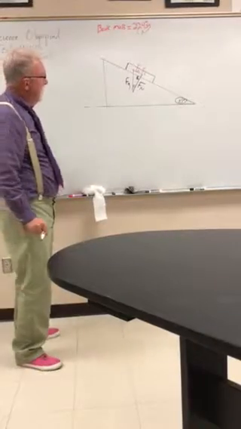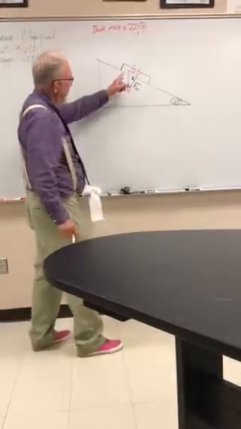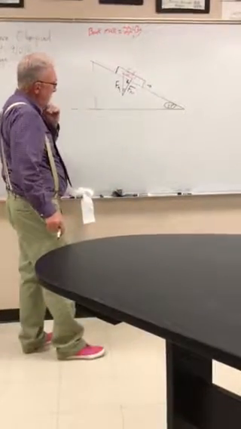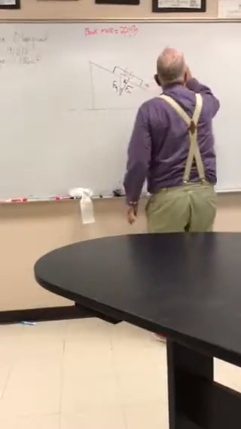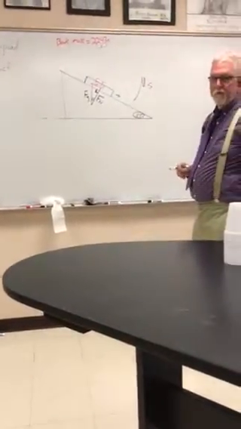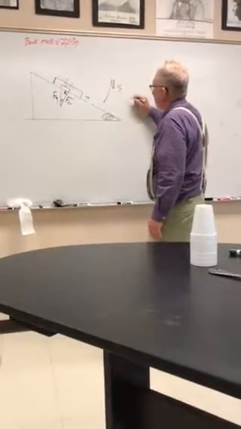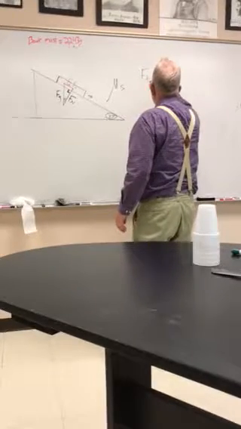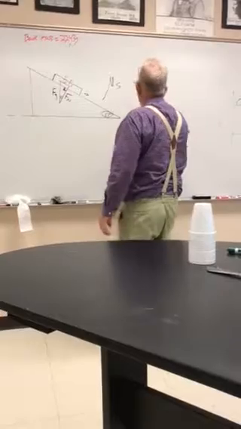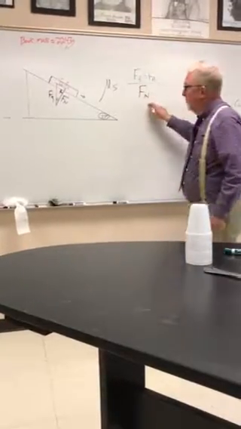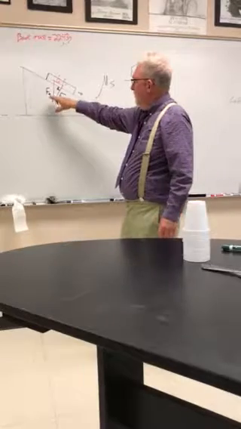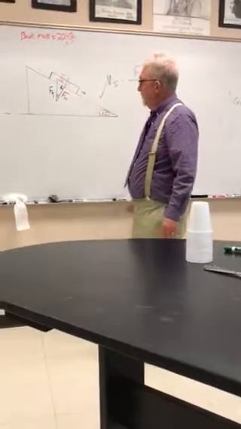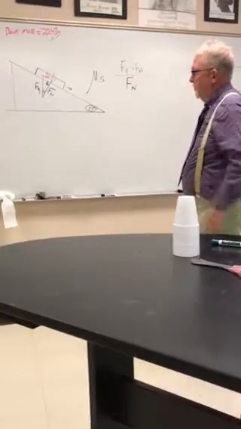So if I put this block on the incline and it starts to move, we can figure out the coefficient of static friction, which is going to be equal to the force of friction, which is equal to the force applied, since it's moving at a constant velocity, over the normal force, which in this case is not the weight because it's reduced. The gravitational force is reduced because of the incline, and the bigger the angle gets, the smaller the normal force gets.